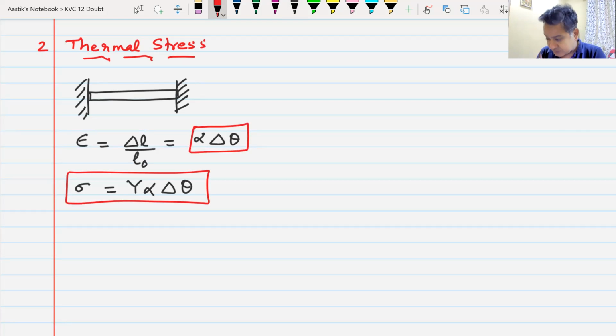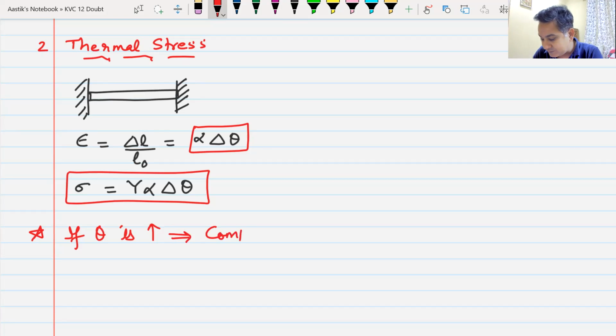Once again, remember one more important thing. If the temperature of the rod is increased, if theta is increased, what type of thermal stress is developed? Is it stress which is tensile, or is it stress which is compressive? Tensile, sir. No, it is not tensile, it is compressive. The stress developed is compressive.